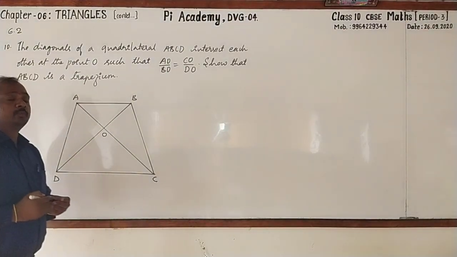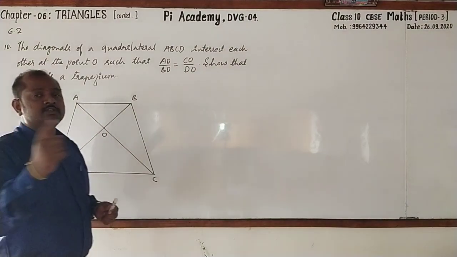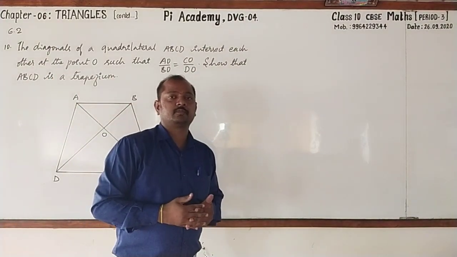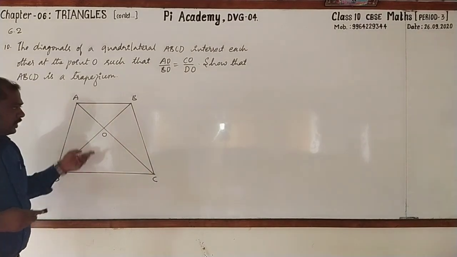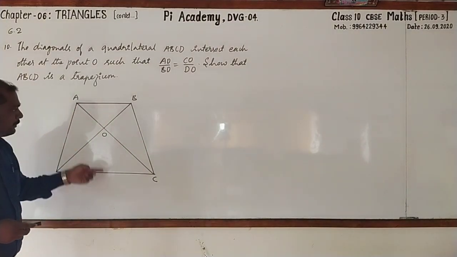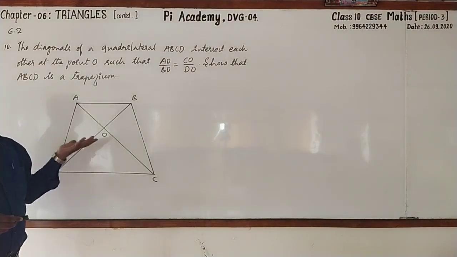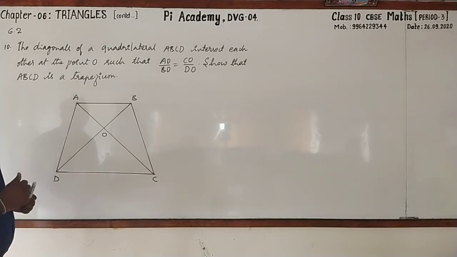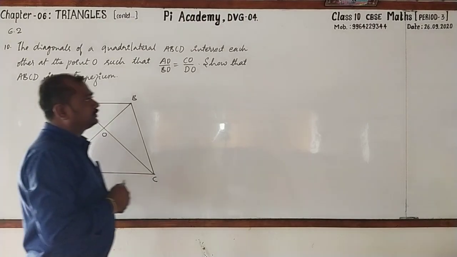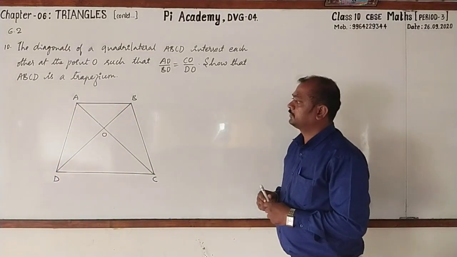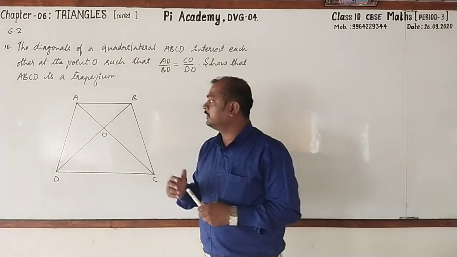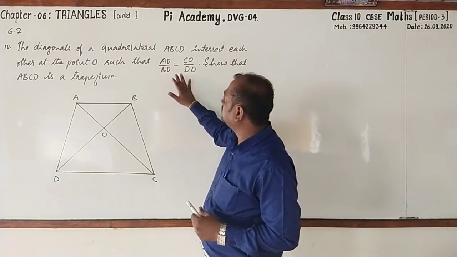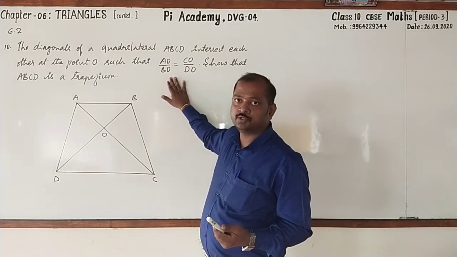How do you prove? Before that, just recall the definition of trapezium. A quadrilateral in which one pair of opposite sides are parallel, then only it is called a trapezium. Then, how to prove this as trapezium? Here also we need construction because they have given the ratio.